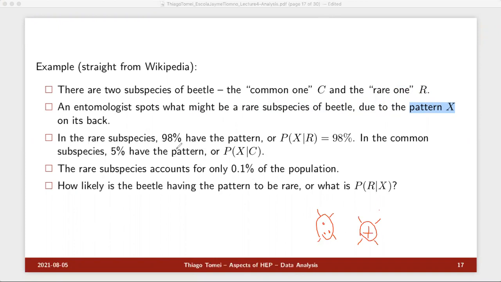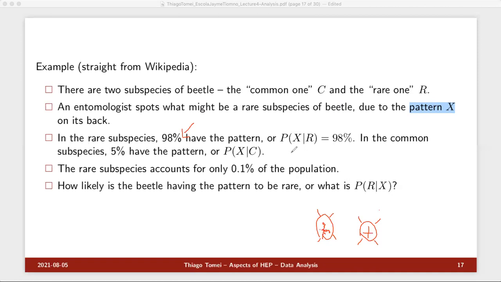Now, this is not true for all beetles because in the rare subspecies, 98% have the pattern, but not all. In the common subspecies, by sheer luck, 5% of the time the dots sort of align and it ends up looking like a cross.